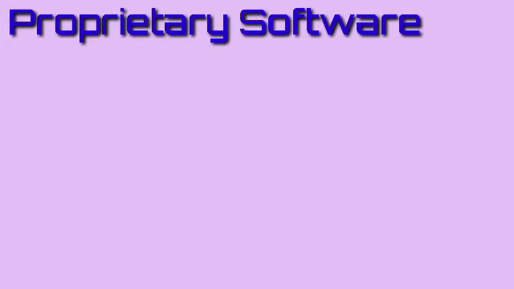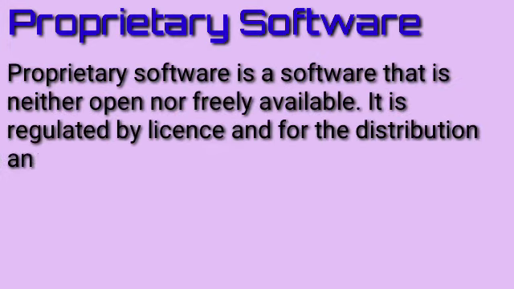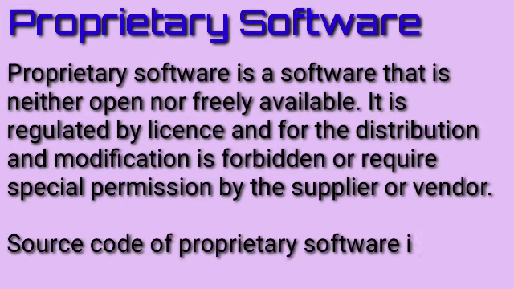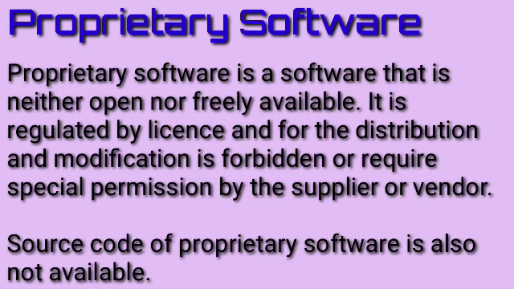Now the next one is proprietary software. These kinds of softwares are neither open source nor freely available. They are regulated through a license, and the distribution of this software or any modification in it is restricted and forbidden, which requires special permission from the vendor or the supplier of that software. Source code of these is also not available.